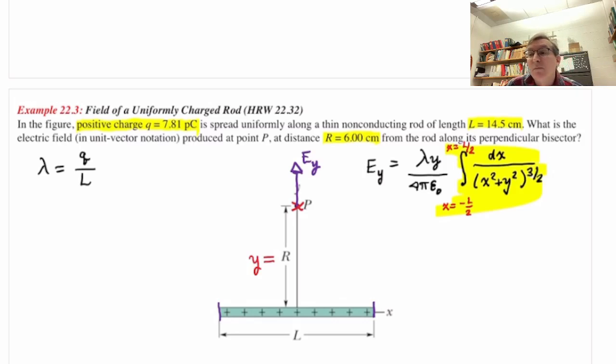One, it's old school, but it's nice and proper old school technique, is to do the integral yourself by hand. You are taught the technique in Math 111, Calculus 2. The technique would be called a trig substitution.